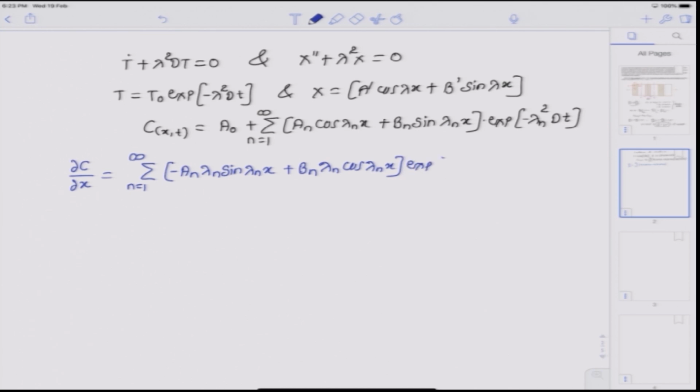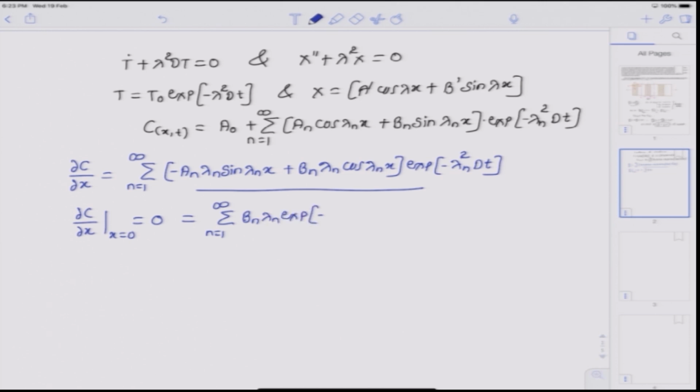So, it will be as it is, exponential minus λ_n² D t. Now, at x equal to 0, this derivative is 0, and if we substitute x equal to 0 in the right hand side here, sin 0 is 0 and cos 0 is 1. So, we get sigma n equal to 1 to infinity b_n λ_n exponential minus λ_n² D t.